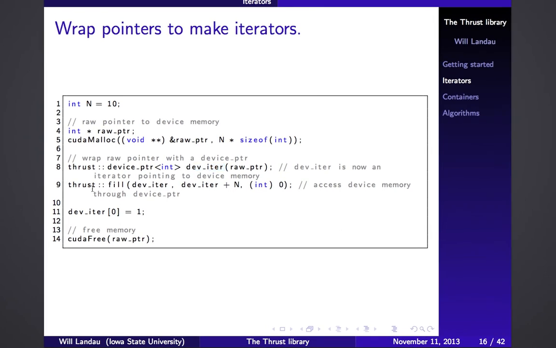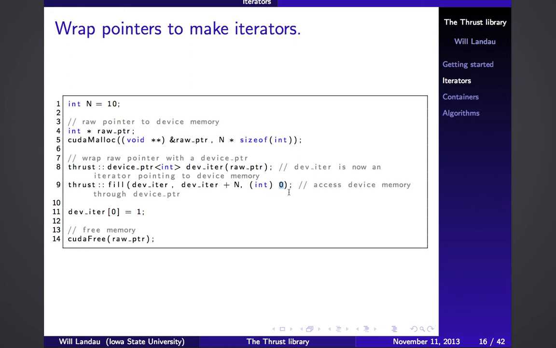Anyway, so I can call something like thrust fill, which may say, take the first n elements of this array that's pointed to at the beginning by dev_iter, for example, and I can fill these all with zeros. That just accesses the device memory.